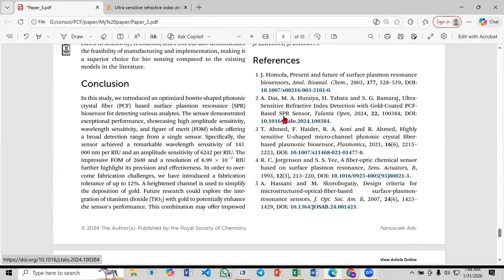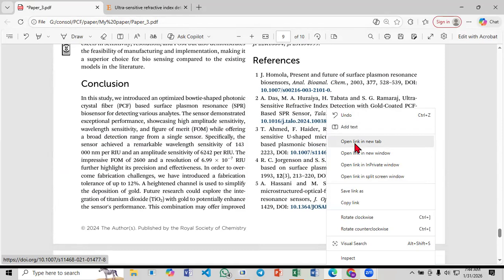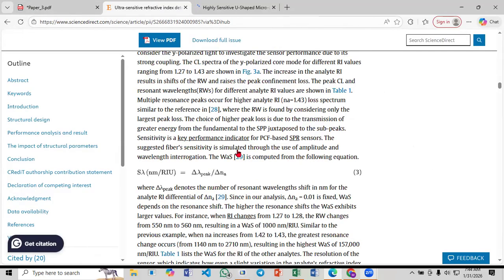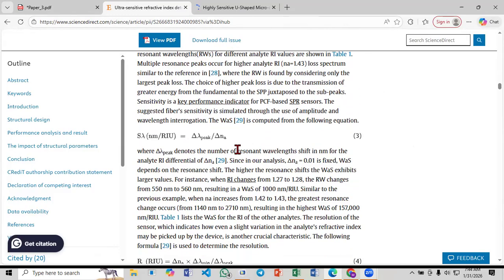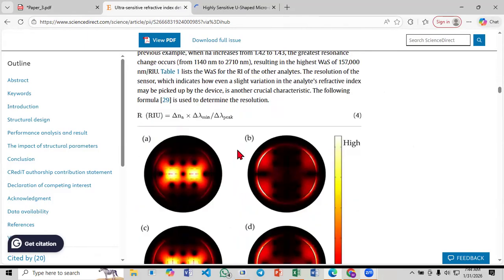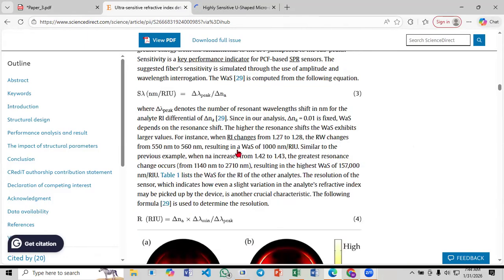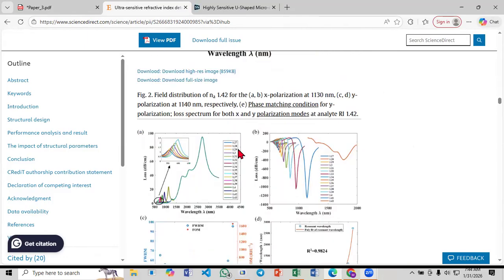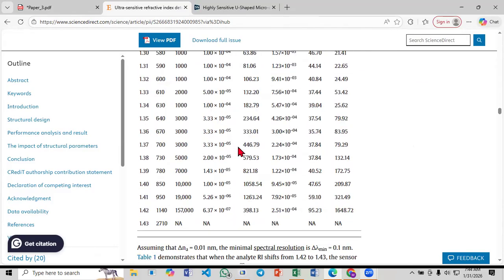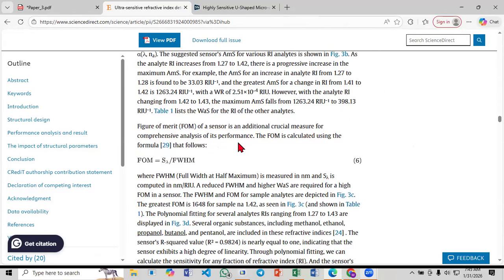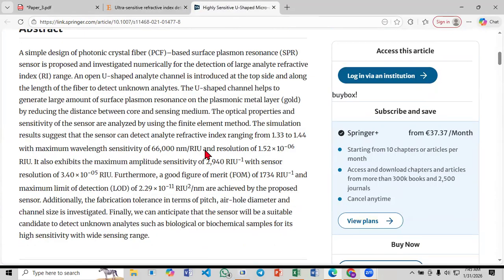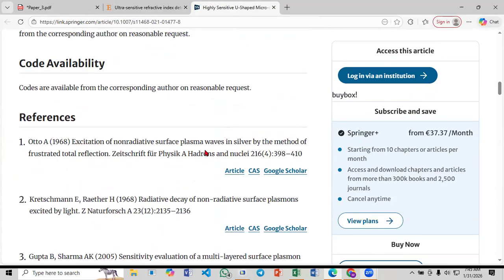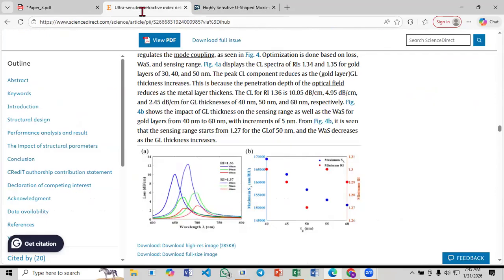Let me check another paper. They must mention it actually, but it's not necessarily that they will mention the conformal loss curve. But usually they mention. I think this paper, okay, it's not free. This paper is not free.